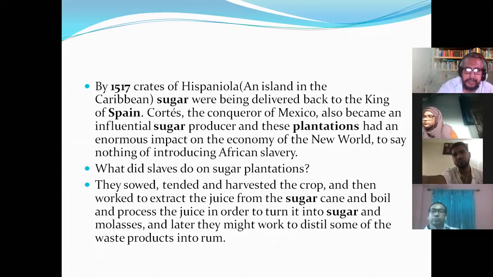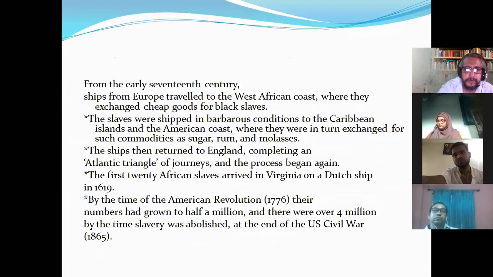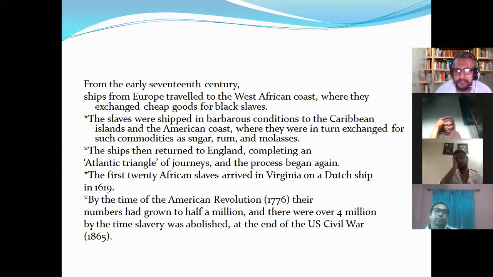And what happened then? From the early 17th century, ships from Europe traveled to the West African coast, where they exchanged cheap goods for black slaves. At the early stage of the 17th century, the people of Europe actually picked up black slaves.